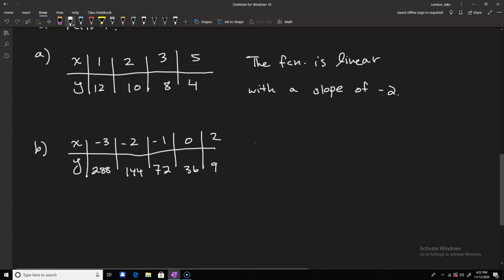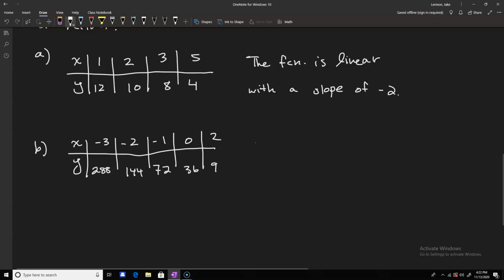Then we have the outputs. So 288 to 144. Well, that's either subtracting 144 or dividing by 2. And then the next step, it goes down by 72. So the pattern clearly here is dividing by 2. And if you check going from 36 to 9, 36 divided by 2 is 18, and then divided again is 9.